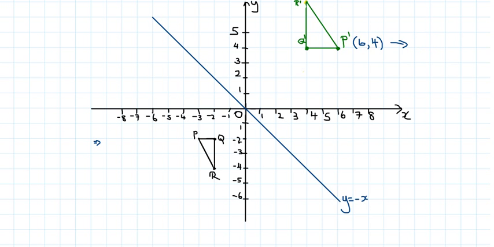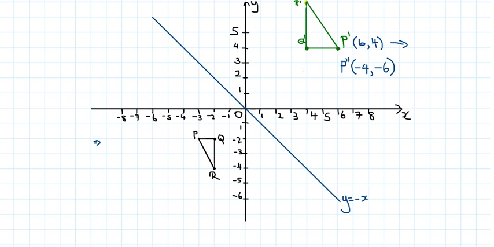So the transformed coordinates would be, like I was illustrating, you would take the x coordinate and make it negative, and you will get negative 6 as the y coordinate, and then you'll take the y coordinate, make it negative, and you will get the new x coordinate.